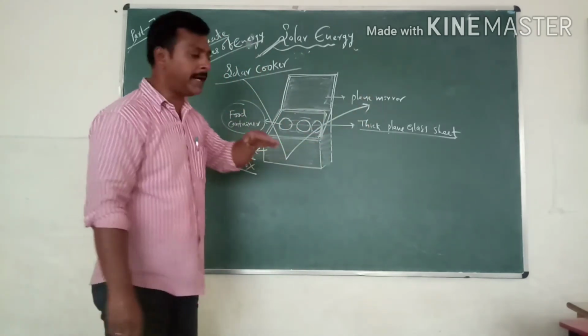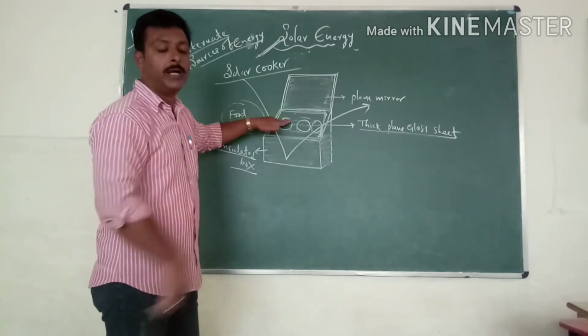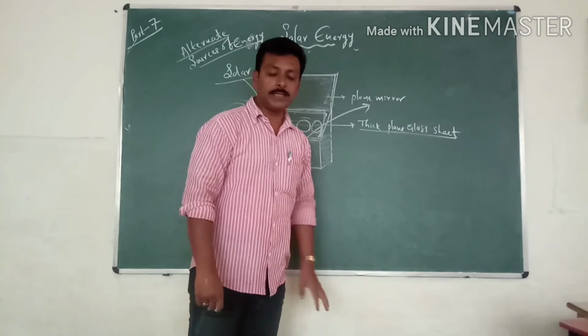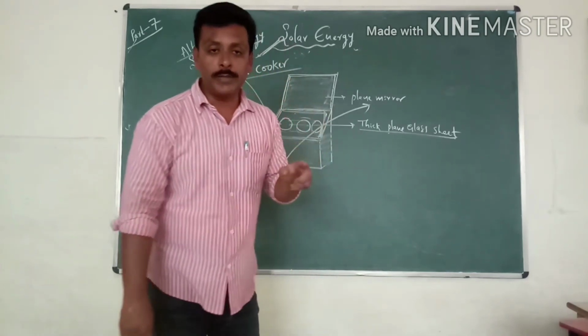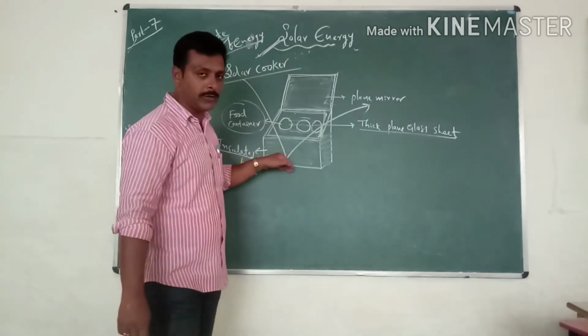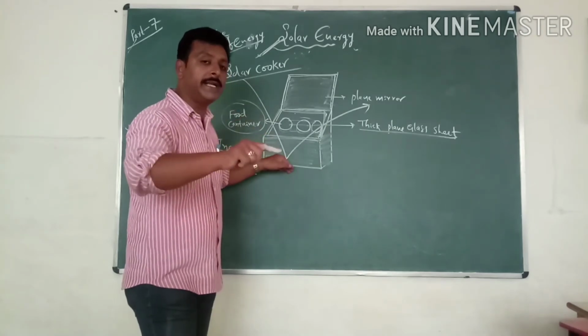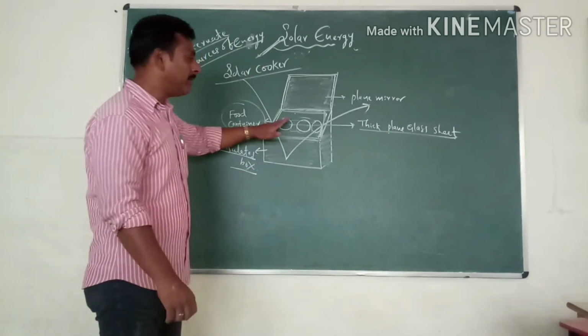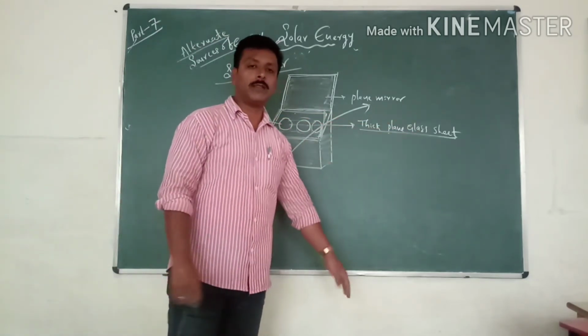To stop the radiation which entered into the boxes, we are using the thick plain glass. Glass is a material which can allow the heat energy enter into the box, but it is not allowing heat energy to go out of the box after reflection. That's why we are using thick plain glass sheet.